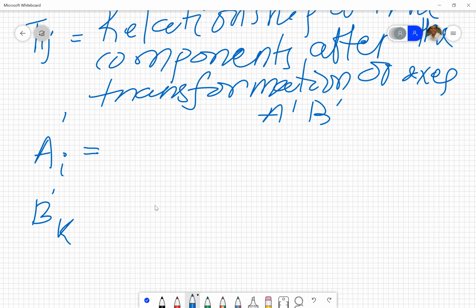The transformation is similar to what we have written in the previous equations also. The transformation equation says Aij and the main vector Aj. This is the same format.